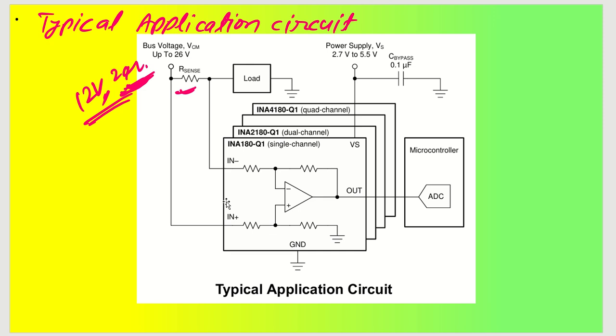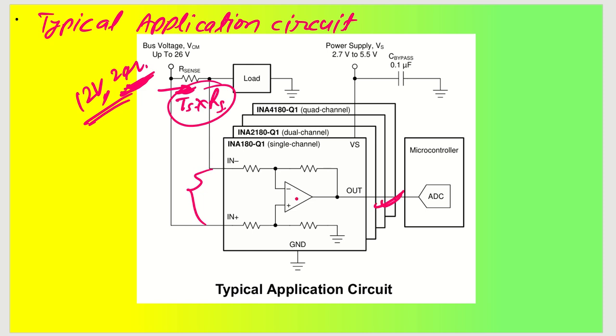Let's say the current flowing through this is I sense, multiplied by R sense, that will be the voltage drop across this particular input. That will get amplified based on the gain setting inside this current sense amplifier, and then you will get a voltage output.